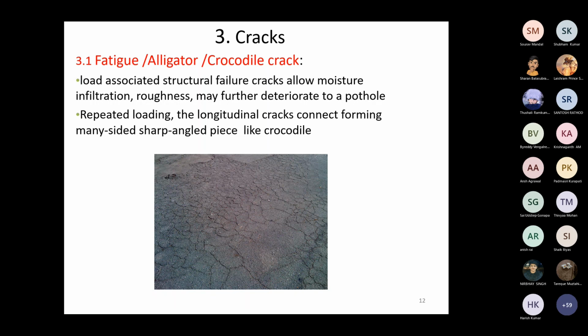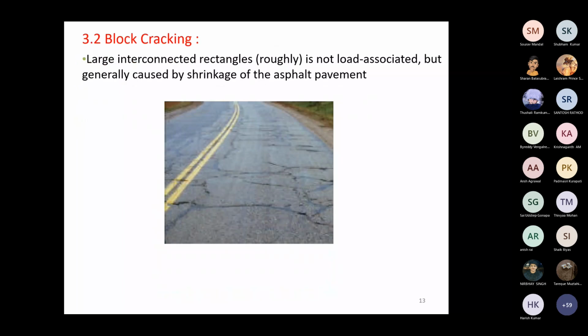With repeated loading, the longitudinal cracks connect, forming many-sided sharp-angled pieces like a crocodile. That's why it's called crocodile cracking. This occurs due to repeated application of load. If you apply this load repeatedly many times, then this failure or cracking can occur.